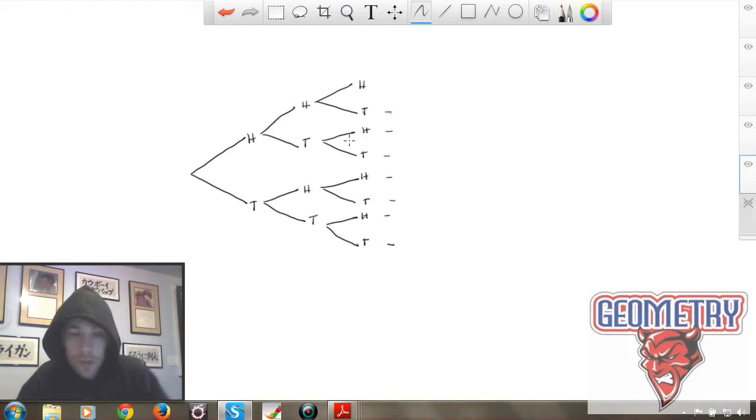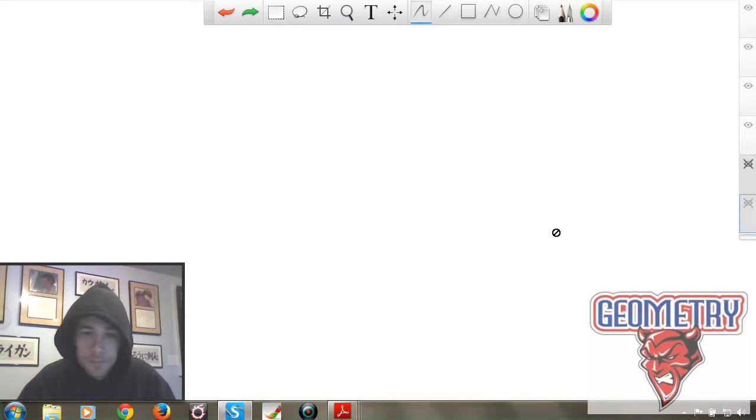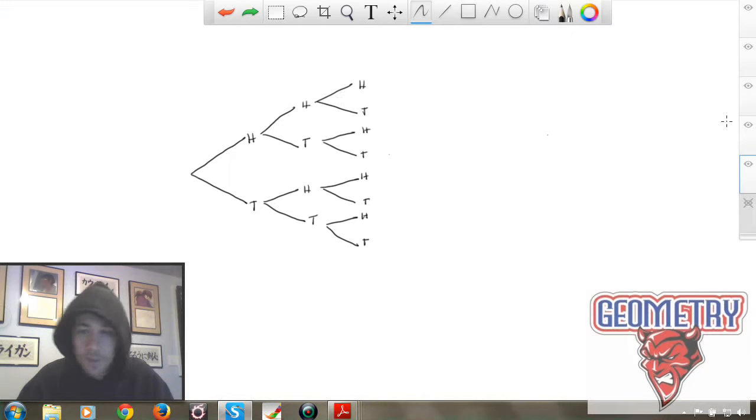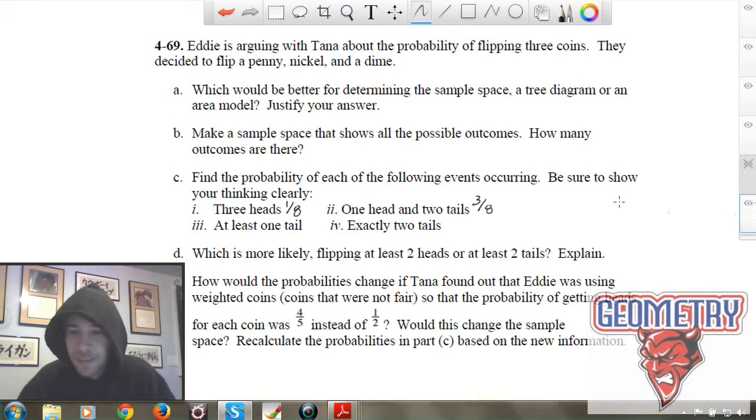Okay, so it looks like 7 out of the 8 possibilities involve at least 1 tail. Oh no, didn't mean to undo all of that. There we go. That could have been bad. So 7 out of 8 of those have at least 1 tail.